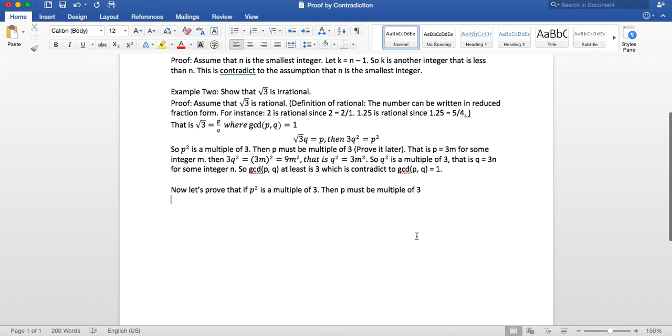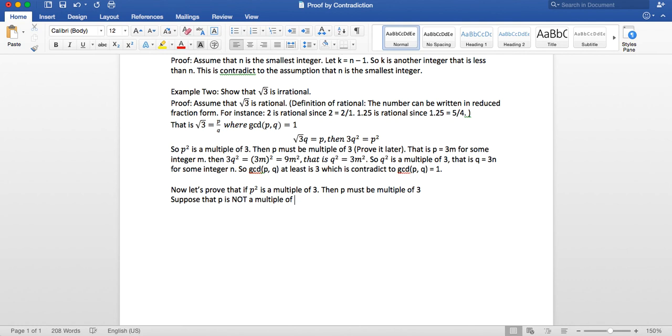Now, you can prove this by contradiction. Okay? Now, if p is not a multiple of 3, then you prove p squared will not be a multiple of 3. So, the way to prove, suppose that p is not a multiple of 3.